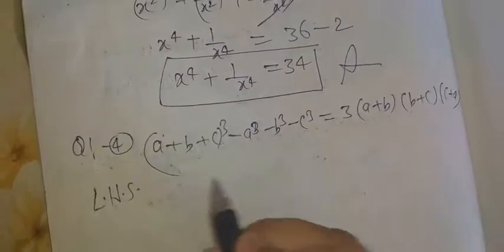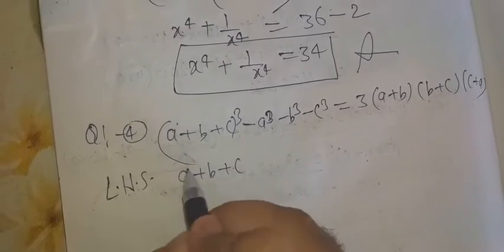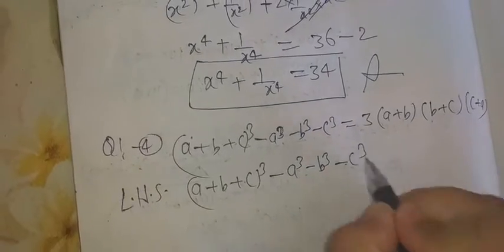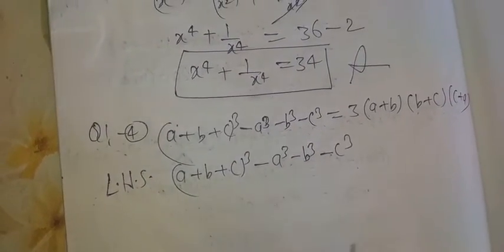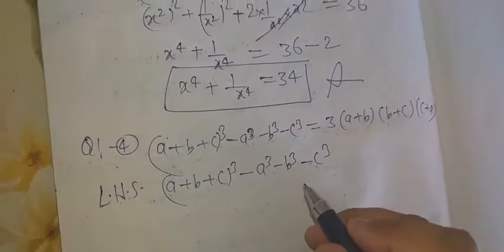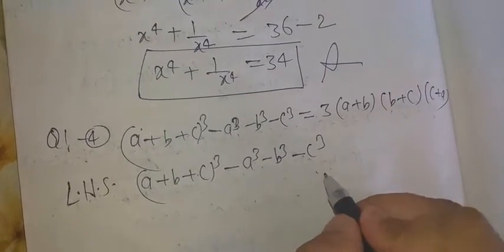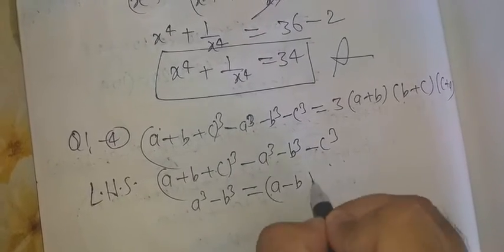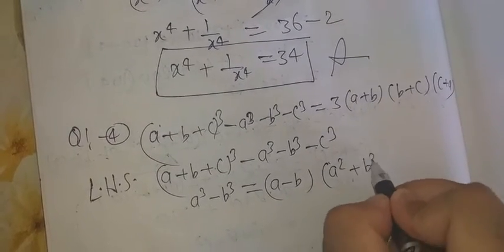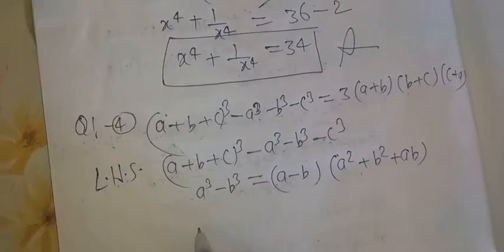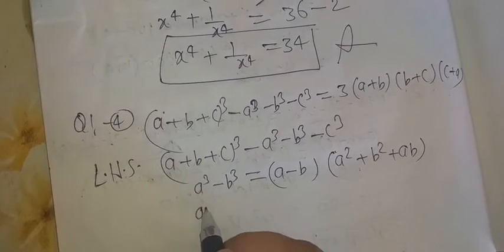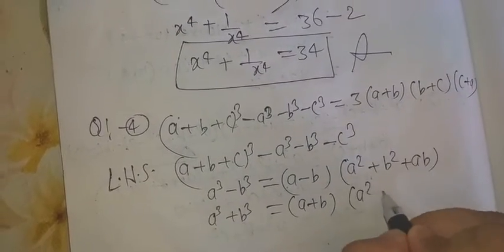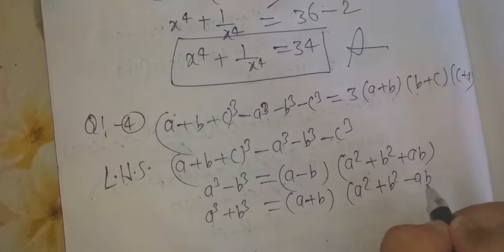The left hand side is (a plus b plus c) whole cube minus a cube minus b cube minus c cube. Now, as you know, the formula a cube minus b cube is equal to (a minus b) into (a square plus b square plus ab), and a cube plus b cube equals (a plus b) into (a square plus b square minus ab).